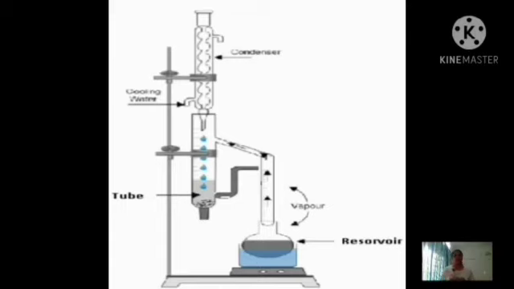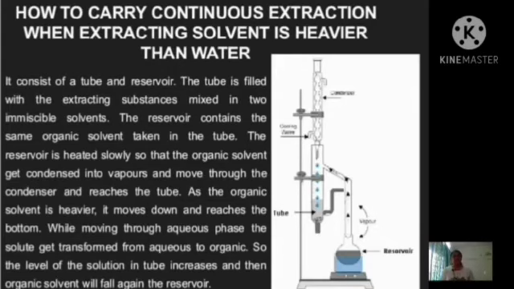This process is continued until the maximum amount of the solute is transferred from the aqueous to the organic layer. When the separation is completed, we can separate the organic layer by opening the stopcock present at the bottom of the tube, and collect the organic layer, thereby moving on to further purification.